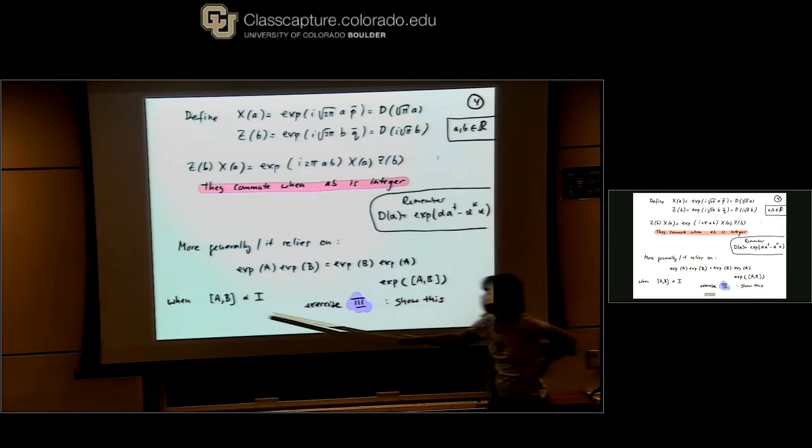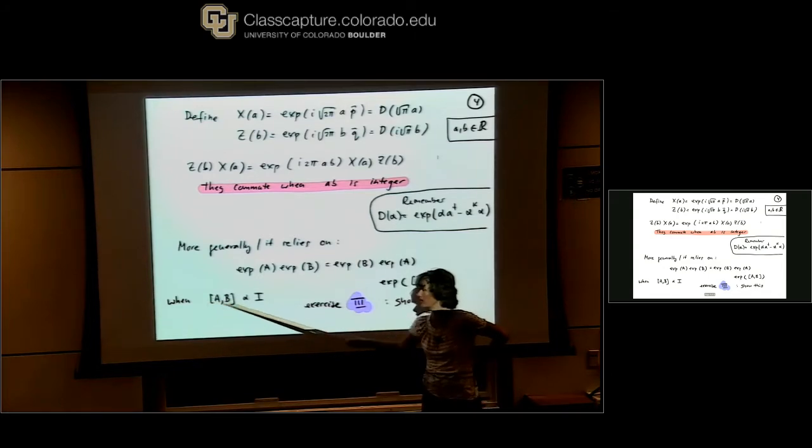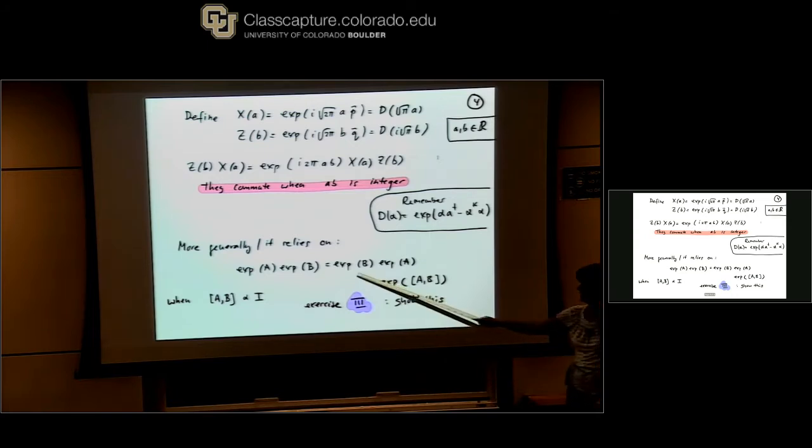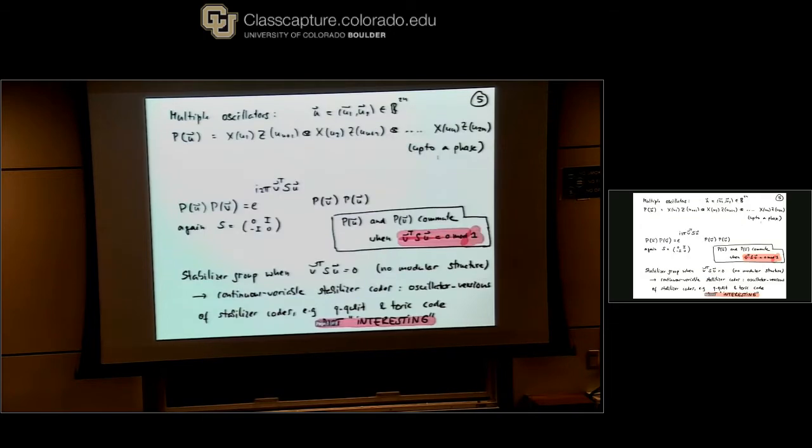But if the commutator is proportional to identity, the corrections stop, right? If I take the commutator of A with this, it's 0. And that gives you a relation like e to the A, e to the B is equal to this. So that's just a little exercise to show this. Okay, maybe I'm going a little fast with this.